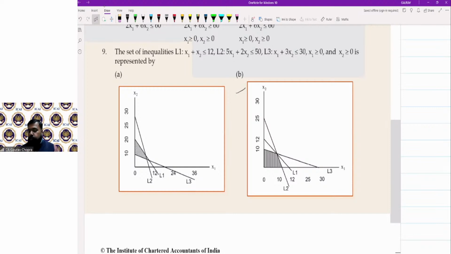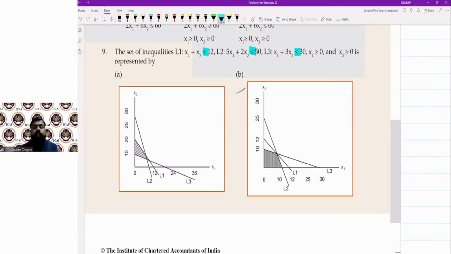Then comes question number 9. The set of inequalities L1, L2, L3 is given, and L1 has a less than sign, L2 is also less than, L3 is also less than.